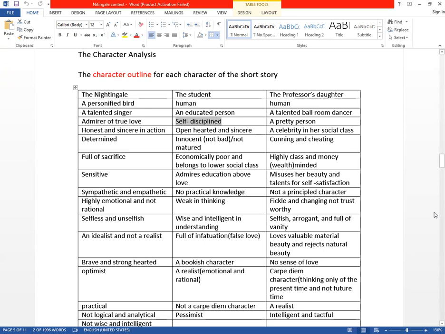He is able to control his anger, jealousy, and hatred.